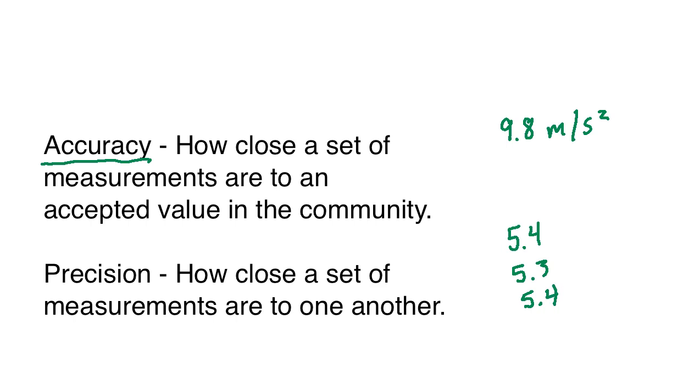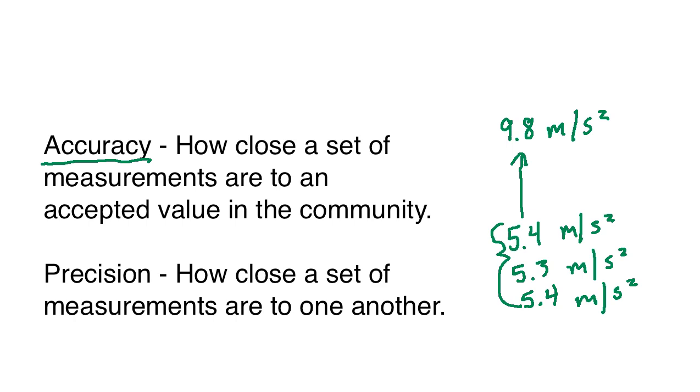I'm by no means accurate because I'm nowhere near the 9.8 meters per second squared when I'm looking at the acceleration. However, you could make a case that I am being precise with my measurements because they're all falling relatively close to one another. I don't have a huge scatter of values or a huge range, which is the term we would use statistically. These numbers don't go all over the place.